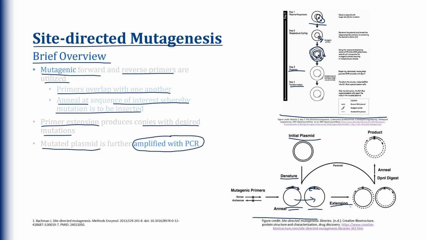You then perform annealing and extension so that you can create the new strand of the plasmid, and then you perform digestion with DpnI, which digests the parental template strands of the plasmid so that the product is simply the new daughter mutagenic strands.